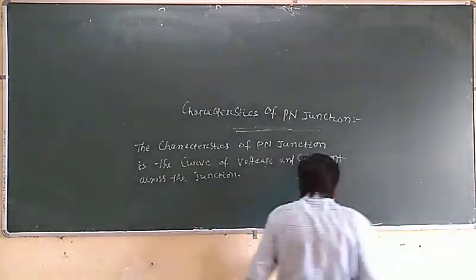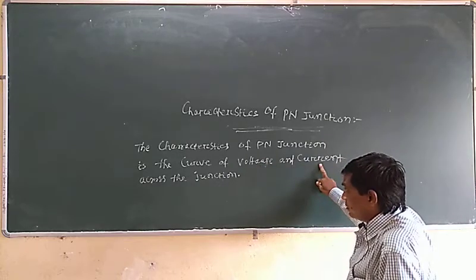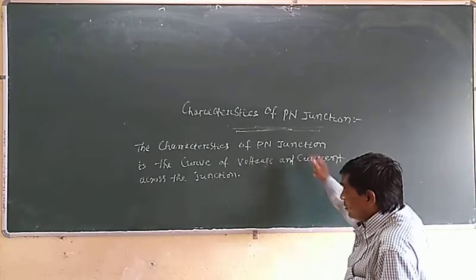The character of voltage and current across the junction in case of a diode.